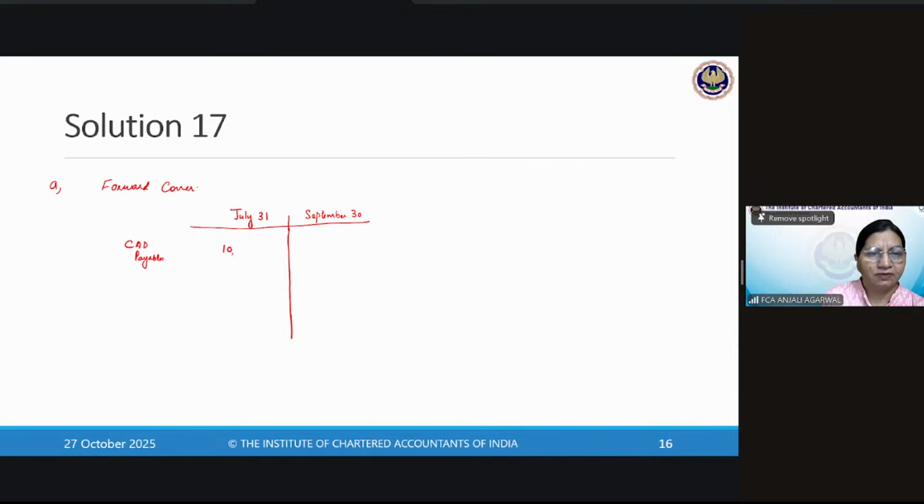It's 10 lakh 10,000 here and 7 lakh 5,000 here. Forward rates applicable are two different rates.